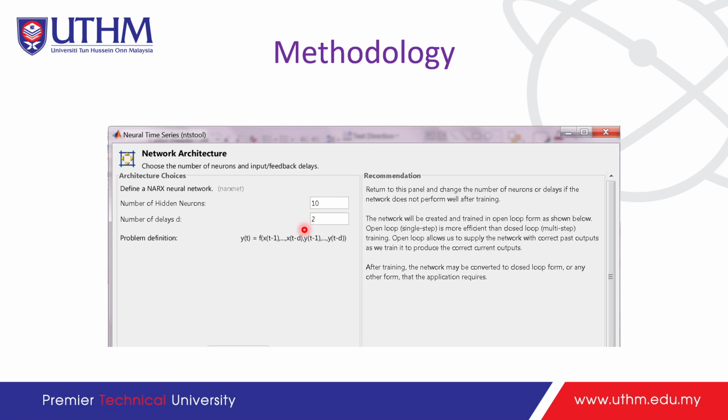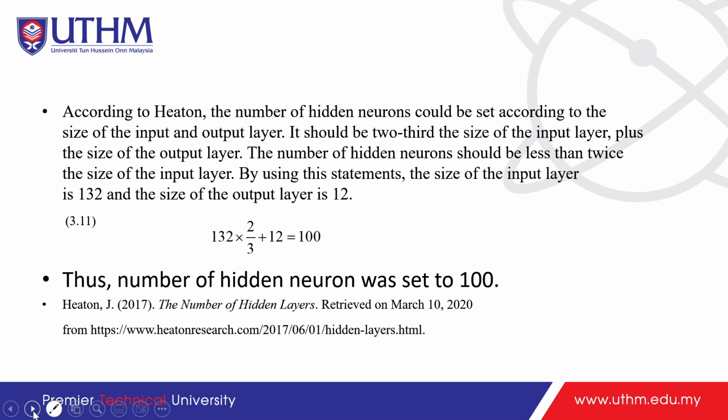The default hidden neuron number is 10, and the number of delays is 2. According to Heaton, the number of hidden neurons could be set according to the size of the input and output layers. The size of the input is 132 times 12 columns, and the output layer is also 12. It says it should be 2/3 the size of the input layer plus the size of the output layer.